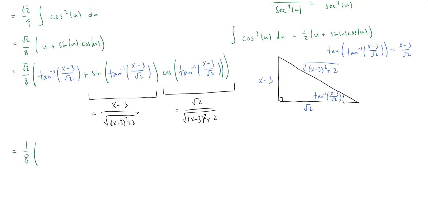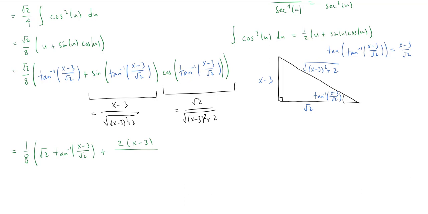Then the root 2 goes in and hits this arctan. We didn't have to simplify that at all because there was no sine or cosine in front of it. And this root 2 also comes in, hits this root 2 up here, and that gives you a 2 times (x minus 3) divided by, now when we multiply these together, the root goes away.